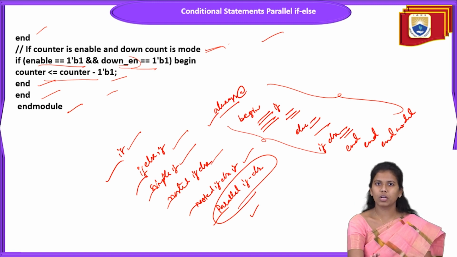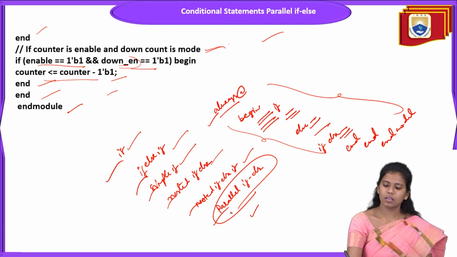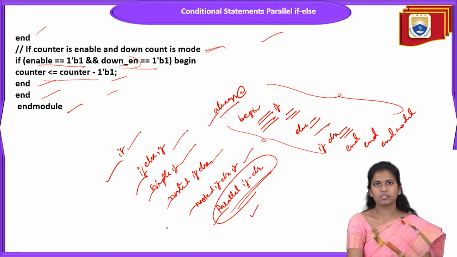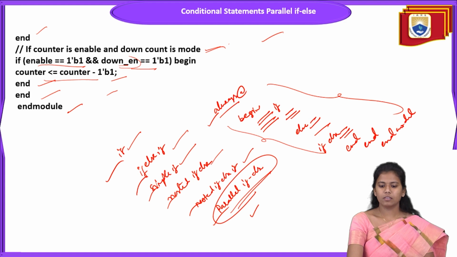Especially when you are considering a combinational circuit counter, ring counter, whatever counter you are considering, if you want to know the priority of the bits, whether it is up counting or down counting, parallelly you can know the priority by using these parallel if else conditional statements. And this is all about today's topic.